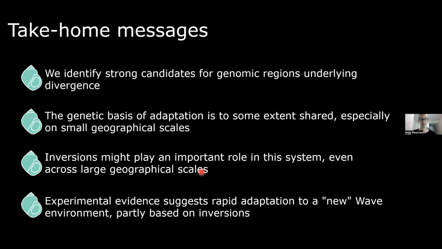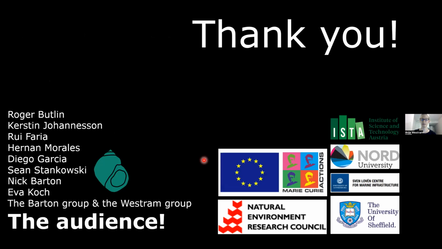And finally, we also showed that based on this adaptive variation that we have studied in previous work, we can also see adaptation in a selection experiment where we have very, very rapid adaptation to a new environment, which is probably mostly based on rapid changes in inversion frequencies.